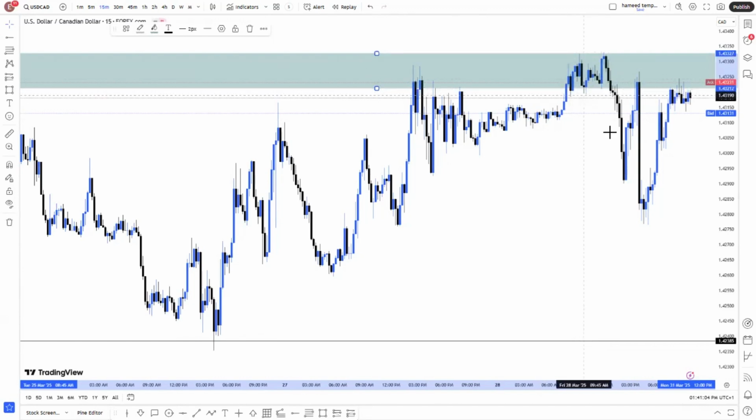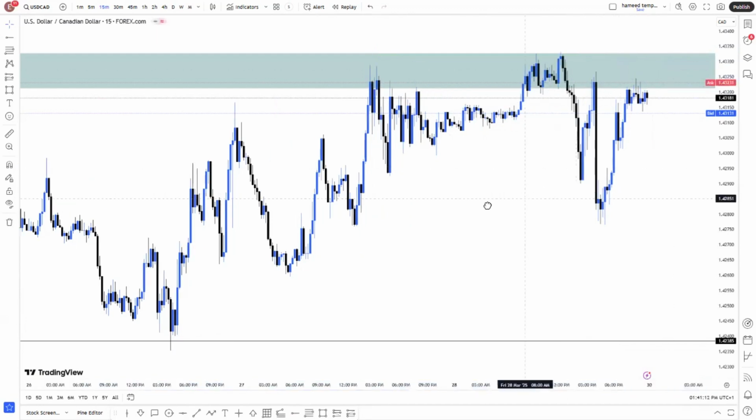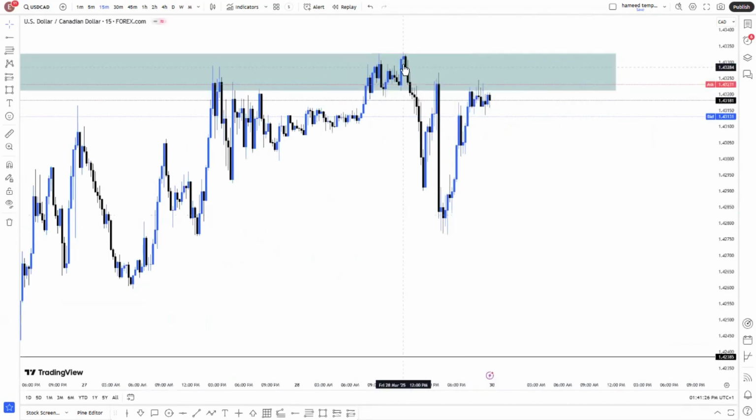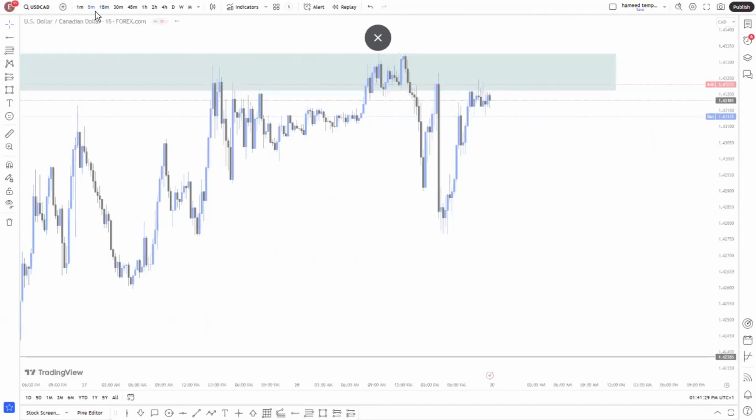Equal low liquidity, the market swept it, then came back again to the zone. The market came back to the origin and gave us another break of structure here, then another move to the upside. So with this, I'm more assured that this USD CAD is going to sell.